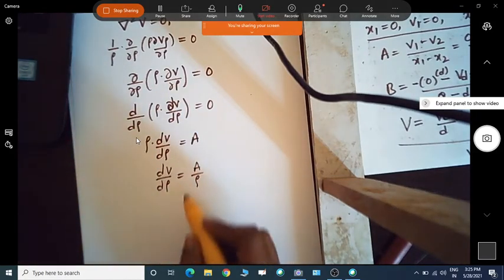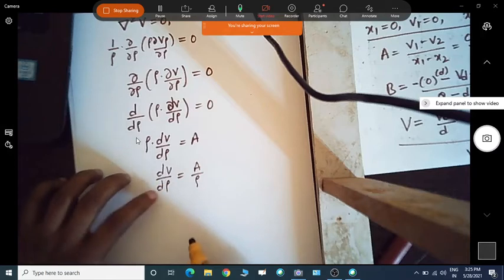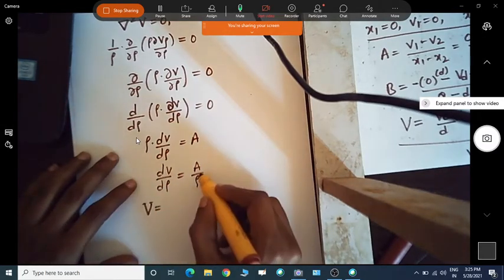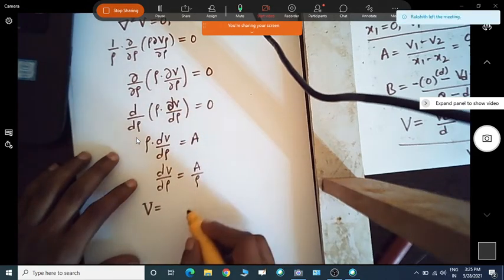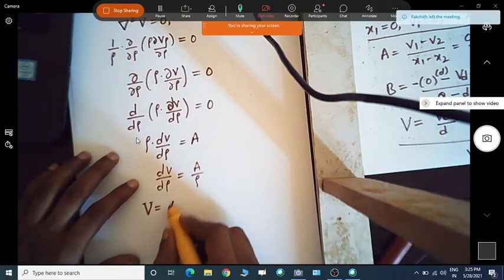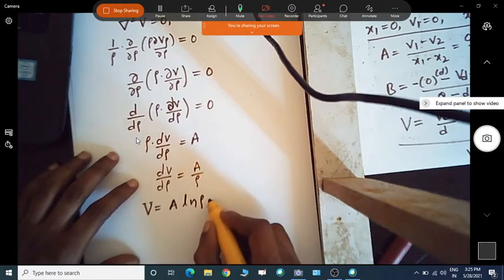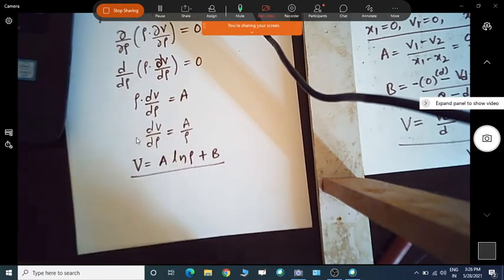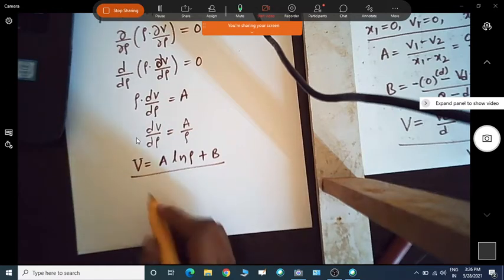Integrating again with respect to rho, the integral of 1 by rho gives ln rho, so V equals a ln rho plus the constant of integration b. This is the general solution for the potential.